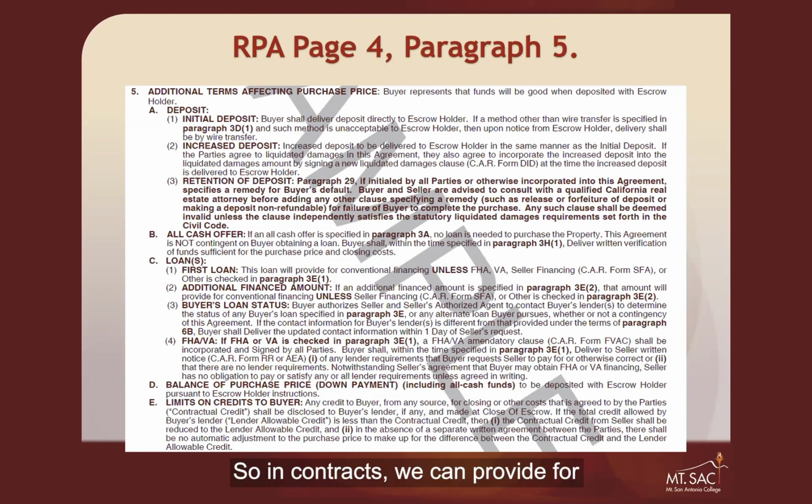Okay, so in contracts, we can provide for liquidated damages clauses because in contract law, you cannot sue for speculative damages, right? In tort law, somebody rear ends you in the car, you sue them for your pain and suffering. That's speculative, but you're allowed that in tort law, not in contract law.